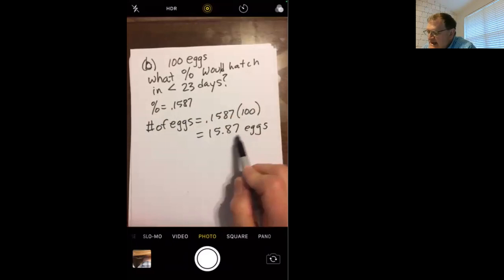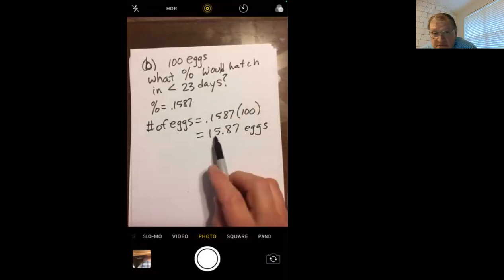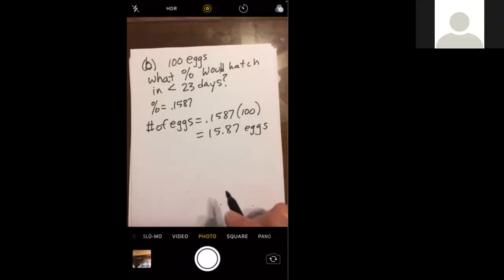Now, you don't really have 0.87 of an egg. Do they have an option of 15 or an option of 16? No, actually there is a place that you need to put the answer, because they say you should round it to the nearest integer as needed.